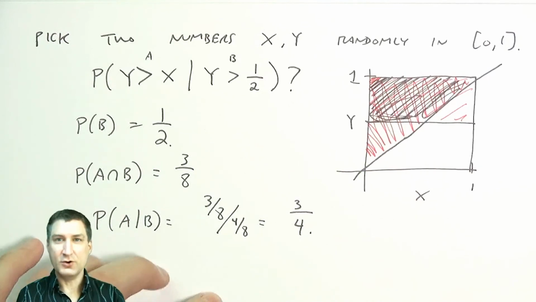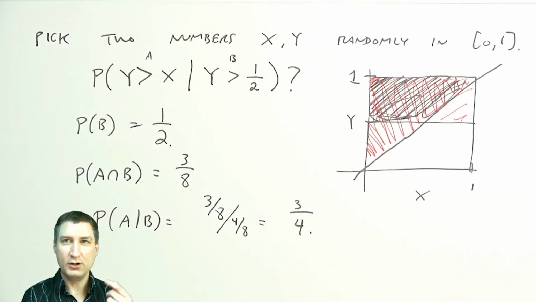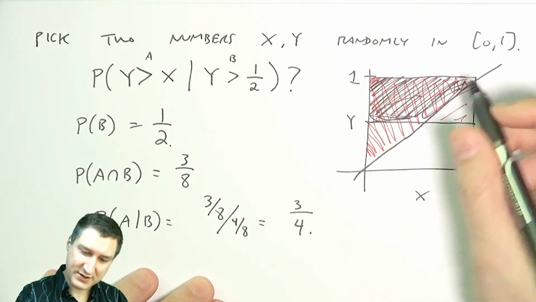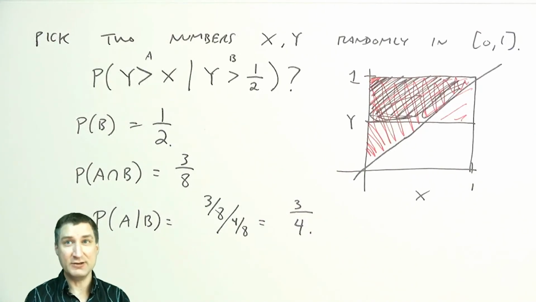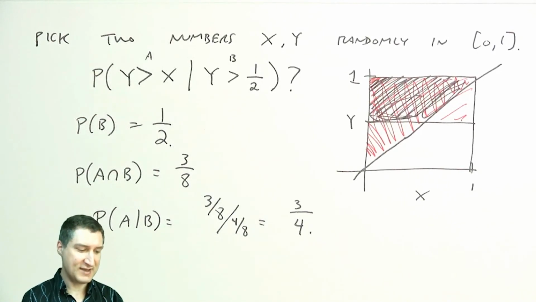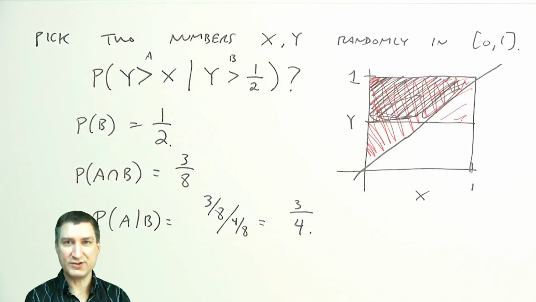So again, telling you that y is greater than a half increased my probability that y is greater than x. This A by itself has probability of half. Now I tell you, hey, y was already pretty large. That makes it much more likely that y is bigger than x. Okay, so this is a conditional probability case with continuous values. Okay, see you next time.